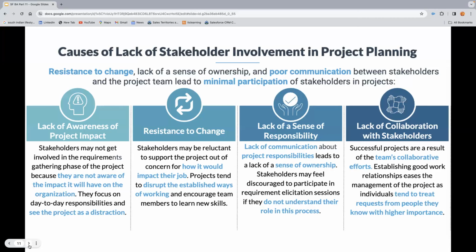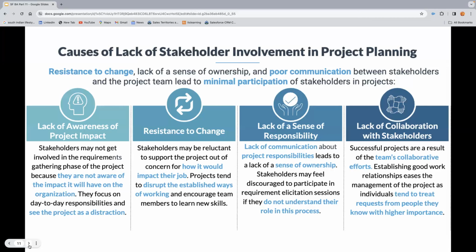Lack of a sense of responsibility. Lack of communication about the project responsibilities leads to a lack of sense of ownership. Stakeholders may feel discouraged to participate in requirement elicitation sessions if they do not understand their role in the process.